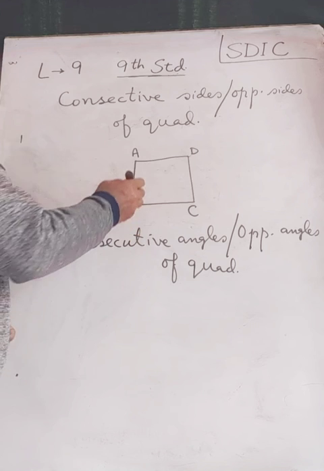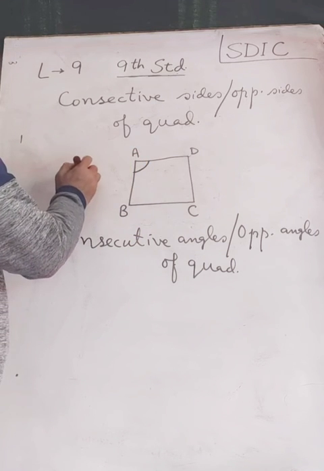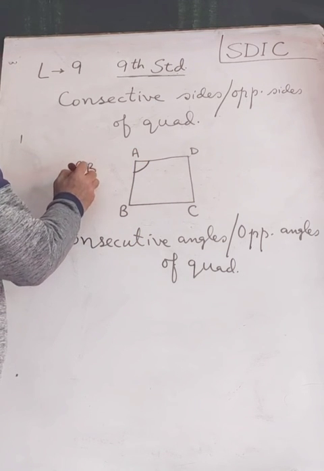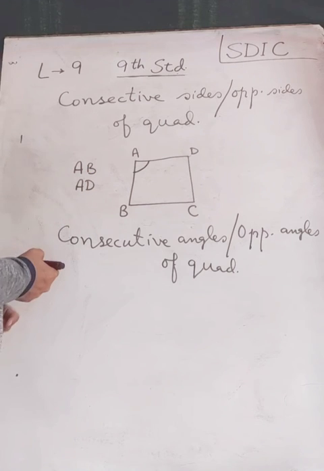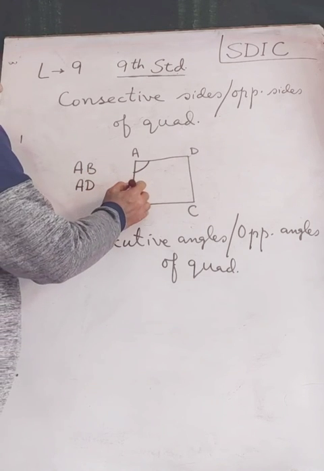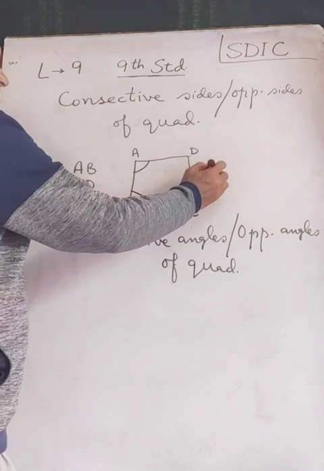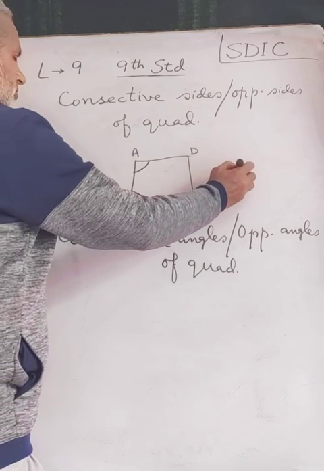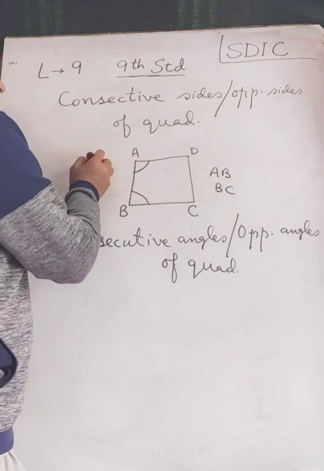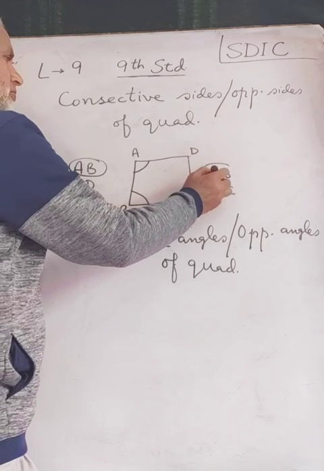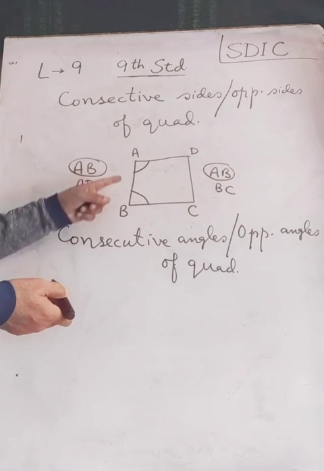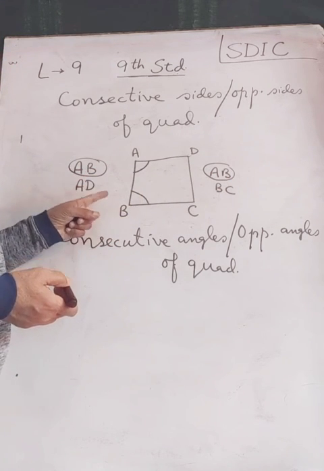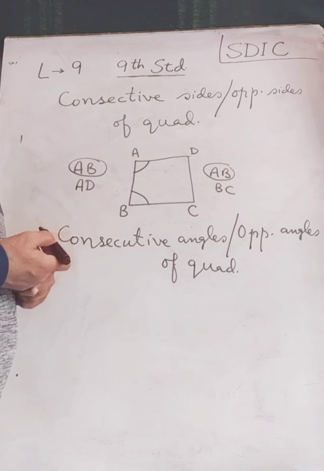Look at angle A. Its arms are AB and AD. Then look at angle B. Its arms are AB and BC. AB is their common arm. Angle A and angle B are such that they have one arm common.